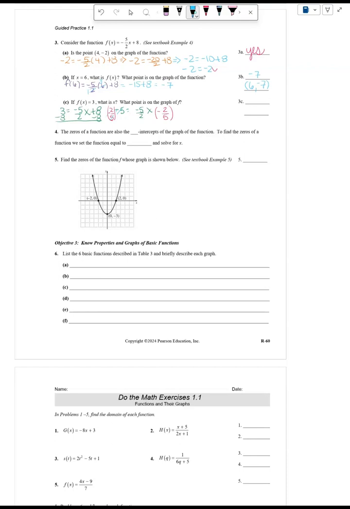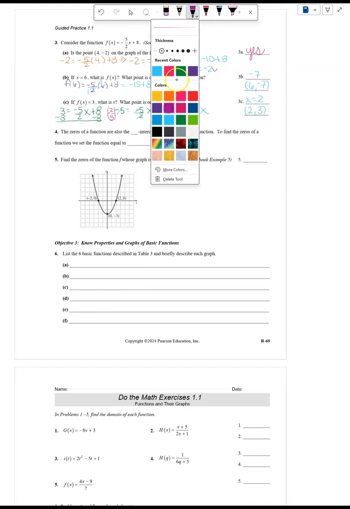That's going to leave us with 2, and this negative 2 and negative 2 will cancel. That's going to leave us with 2 equals x. So our x equals 2 here. So our ordered pair is going to be (2, 3). Okay. Let's move to the next one.